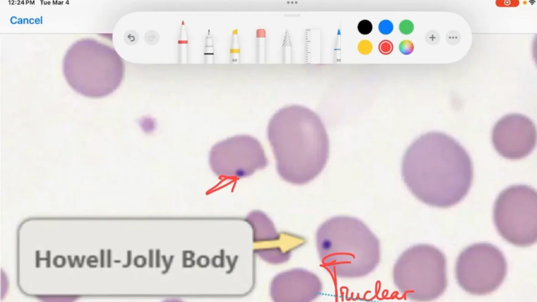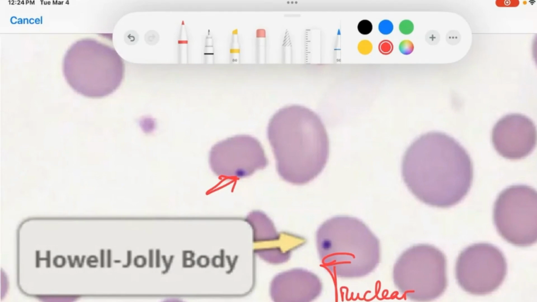So normally, as red blood cells mature, as they are being produced in the bone marrow, they typically have remnants of nuclear DNA that remain in those red blood cells. But most red blood cells are able to remove these remnants. Some red blood cells are not able to extrude or get rid of the DNA remnants. So the macrophages in the spleen will identify those cells and destroy them.